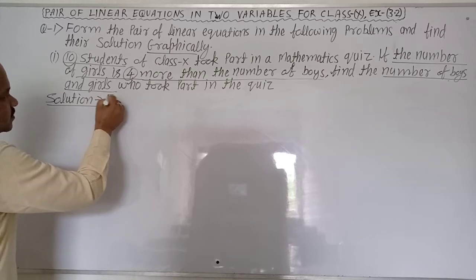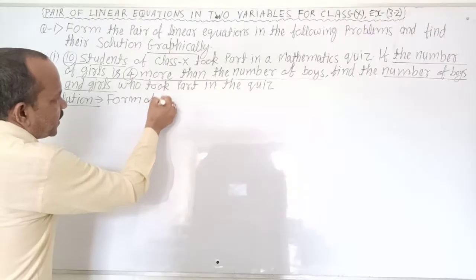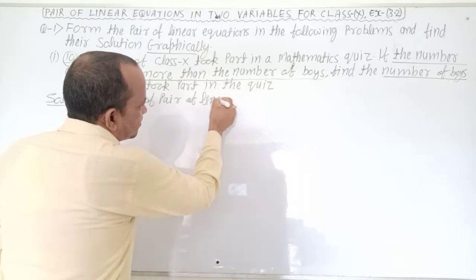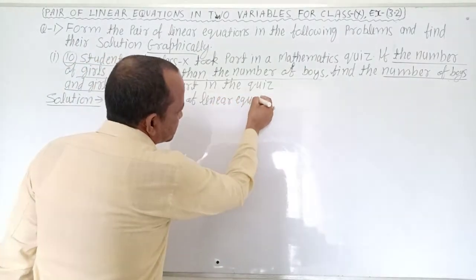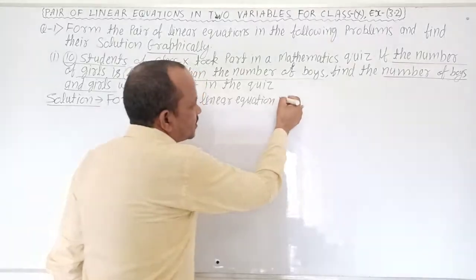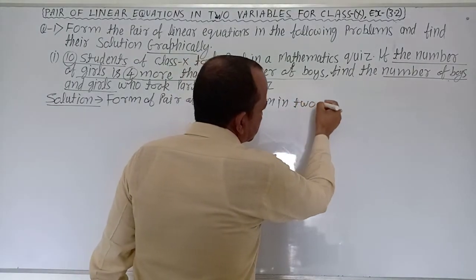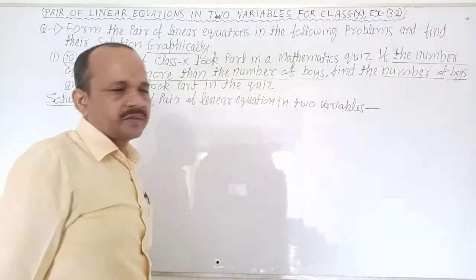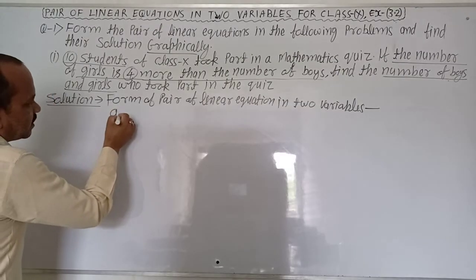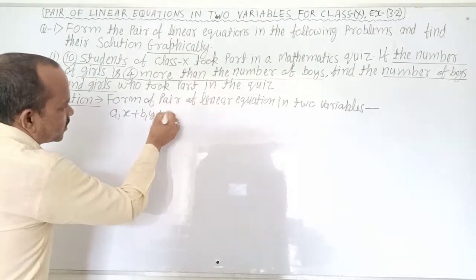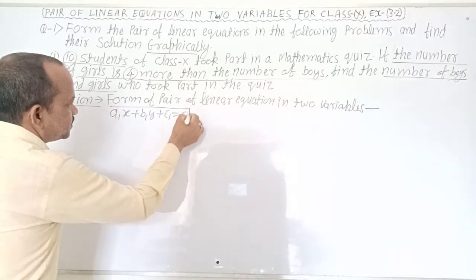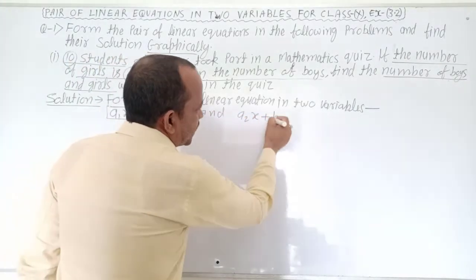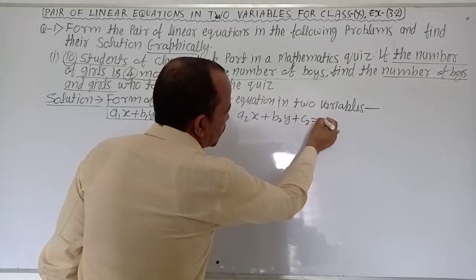Form of pair of linear equations in two variables: a1x plus b1y plus c1 equal to 0 and a2x plus b2y plus c2 equal to 0.